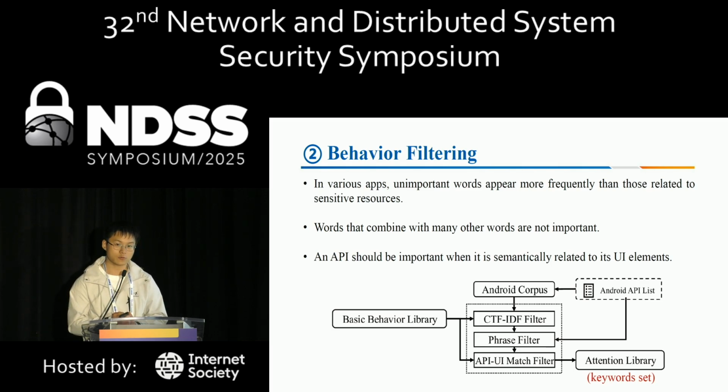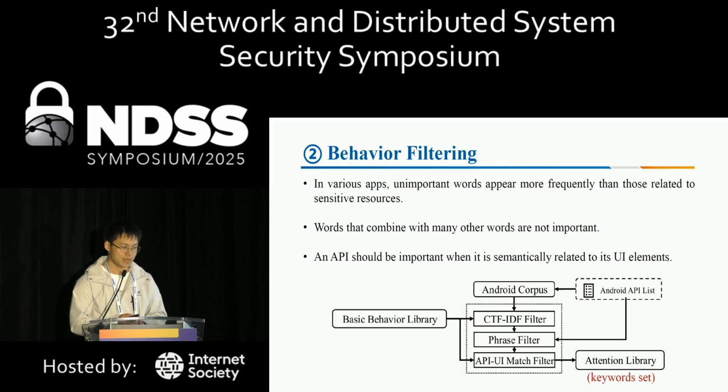Next, we construct an attention library to filter user-related behaviors. After analyzing the API names from a large number of apps, we summarize the following three findings. Firstly, in various apps, unimportant words appear more frequently than those related to sensitive resources. Secondly, words that combine with many other words are not important.